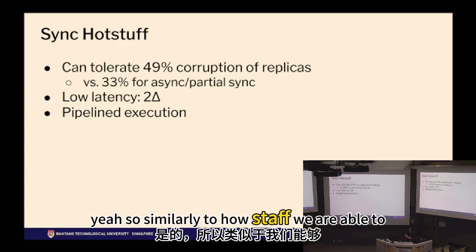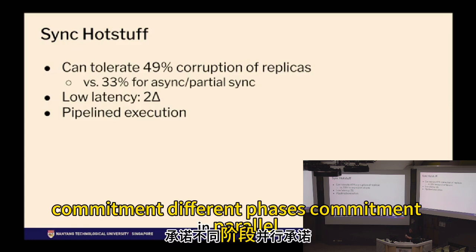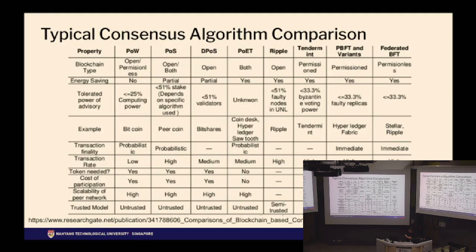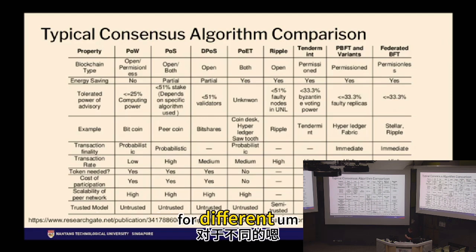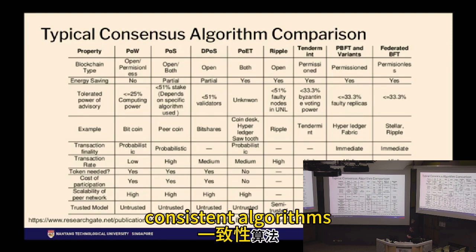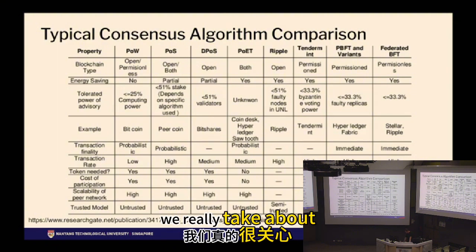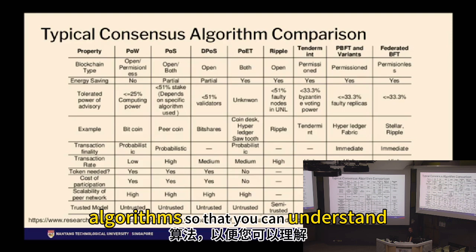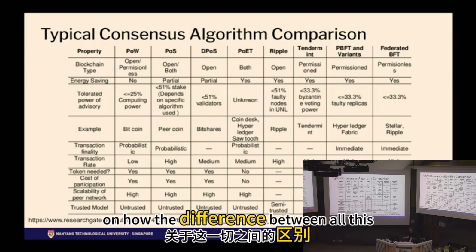Similar to HotStuff, they are able to execute all the different phases of commitment in parallel. In general, these are a bigger comparison of different consensus algorithms, because if we have time, it would really take about one semester to go through all the different consensus algorithms so that you can understand at a deeper level the differences between them.